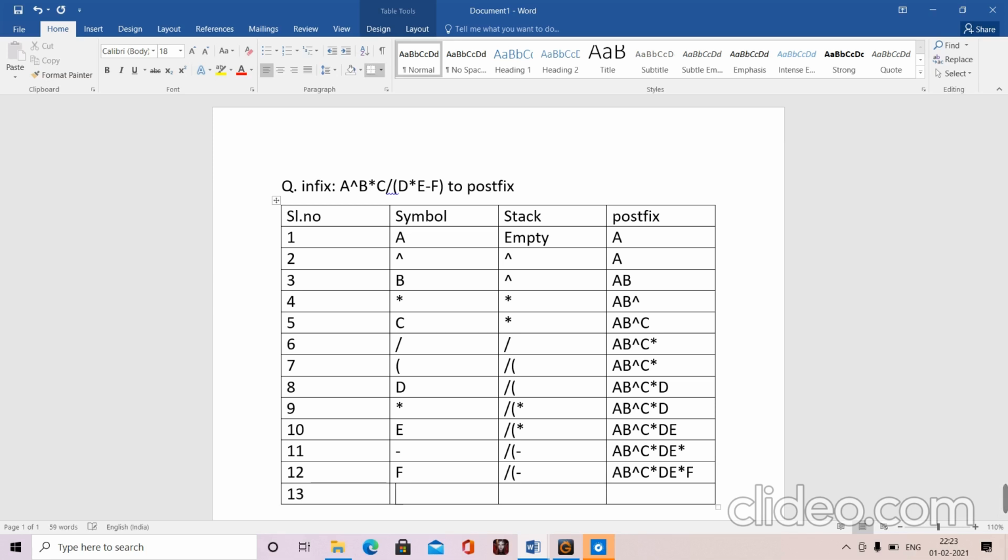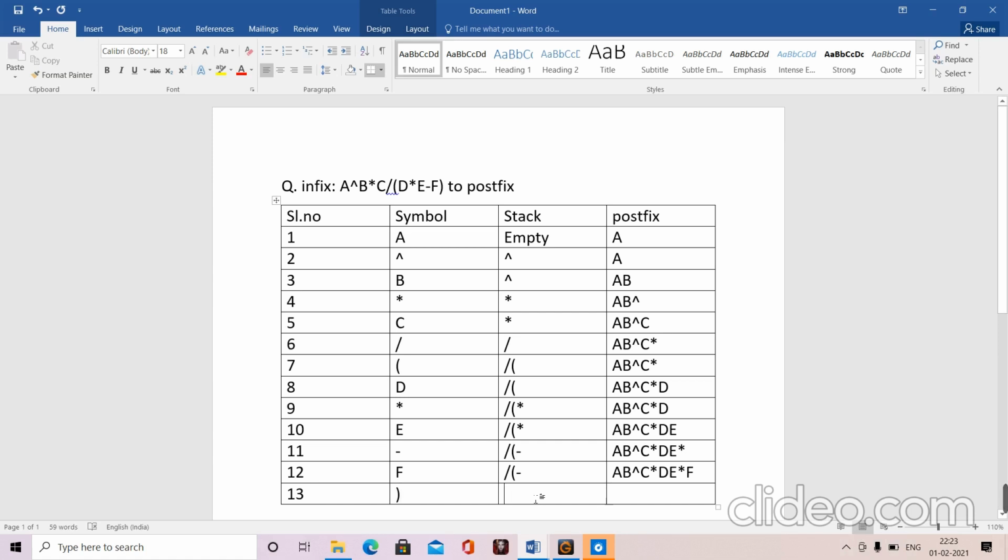When this arrives, what will happen on the stack? We have to pop all of these from the stack.